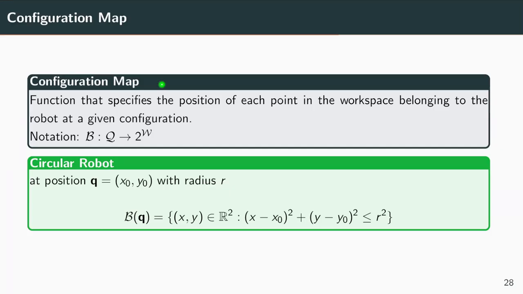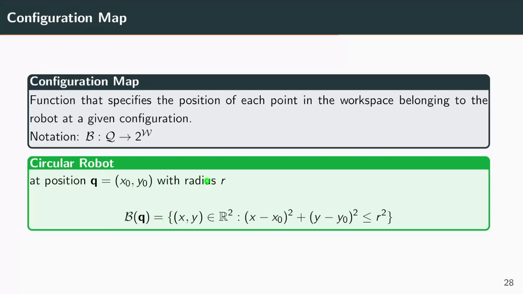A very simple way of doing it would be for a circular robot. Assume you have a robot that is just a filled circle, centered at x naught and y naught and with radius r. Then the configuration map just describes all the points that lie inside the circle.